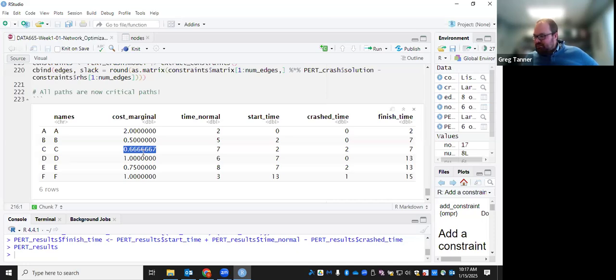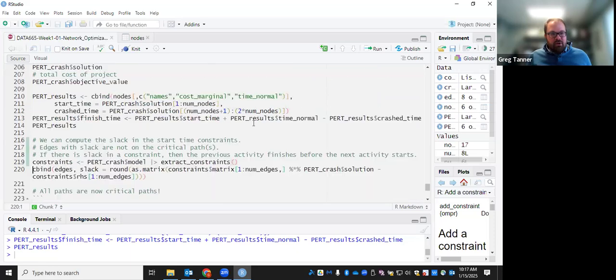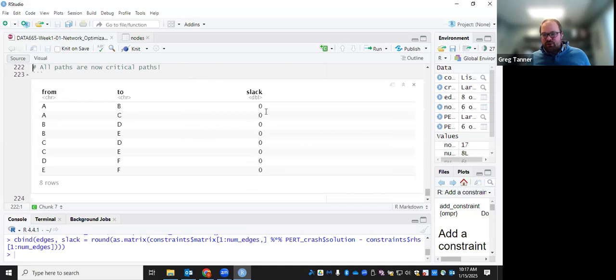Okay, I encourage you to find the linked example of the network and think through what's happening once we've reduced the times for each of these. We can look at the same slacks that we did before, and now we notice that there's no slack in any of those, and essentially all paths are now critical paths.